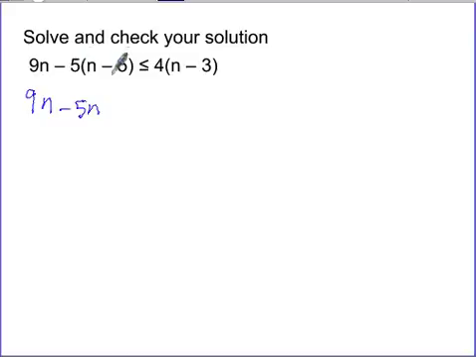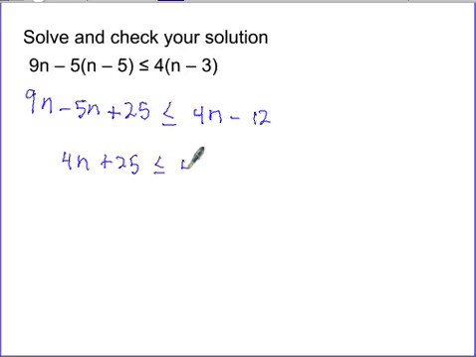And then negative 5 times minus 5 would be plus 25 is less than or equal to 4n minus 12. Simplify, so 9n minus 5n, 4n plus 25 is less than or equal to 4n minus 12.